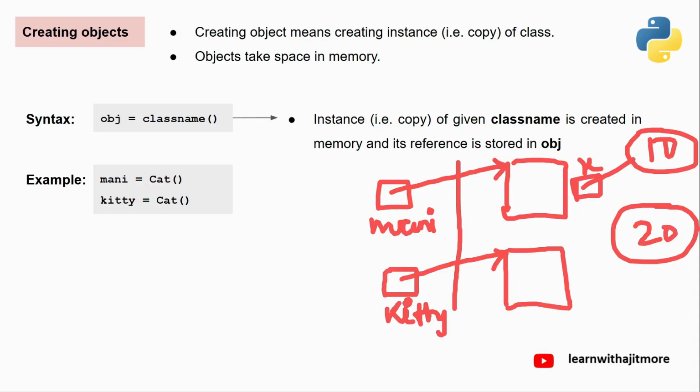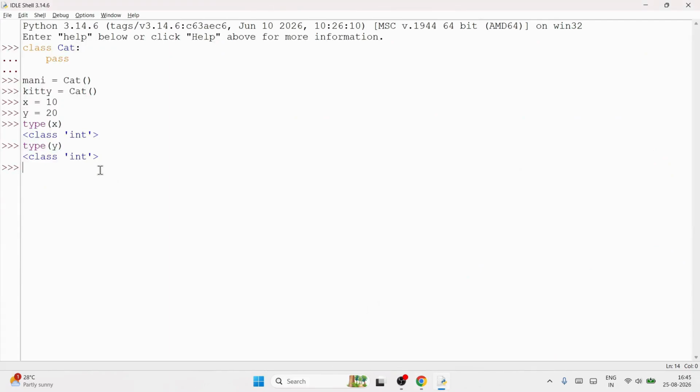Beyond that, it allocates separate memory. Otherwise, it takes from the pool only. So this is y, and it is referring to 20. Again, only two copies of integer are created. Same way here, two copies of Cat are created. One copy's reference is in money, another copy's reference is in kitty.